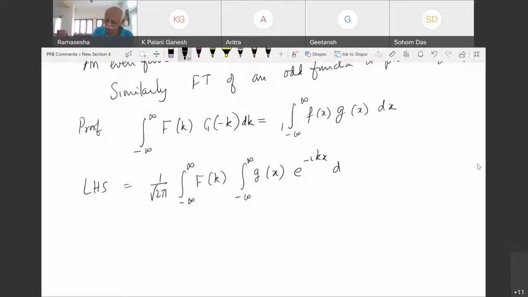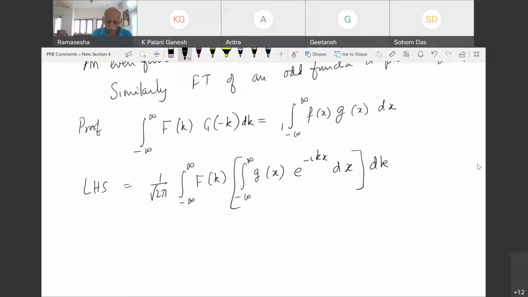This is g of k, times dk. Because you have to get a function of k, that's the reason why you have to integrate over x.